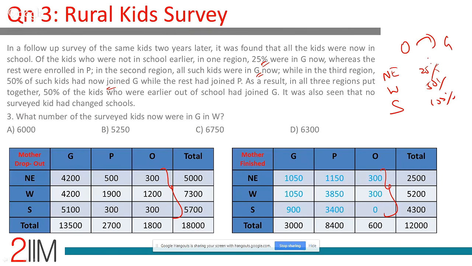In some order, mind you, I'm not saying Northeast had 25% and West had 50% and South had 100%. Three regions, we've had 25% going, 50% going, and 100% going.